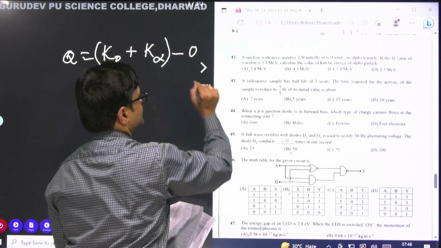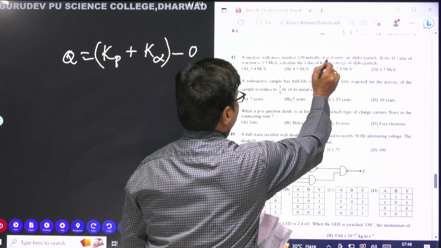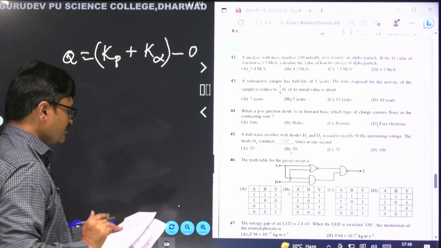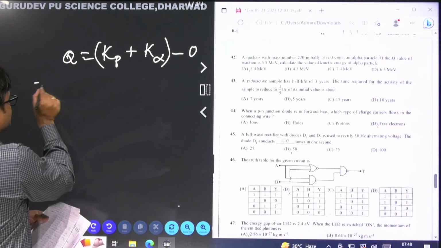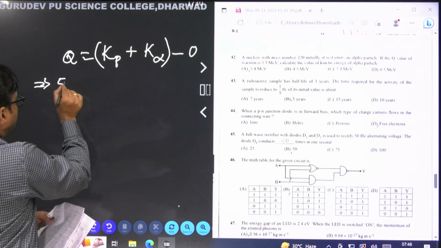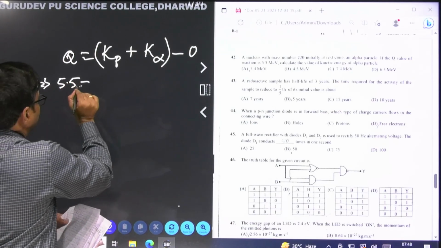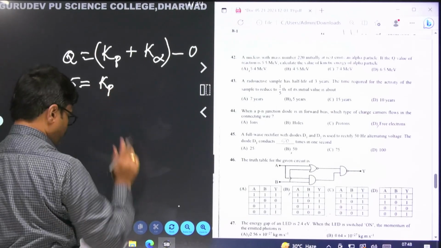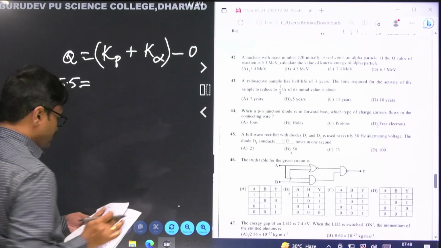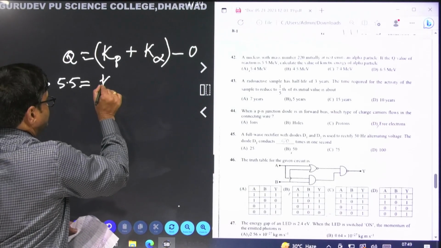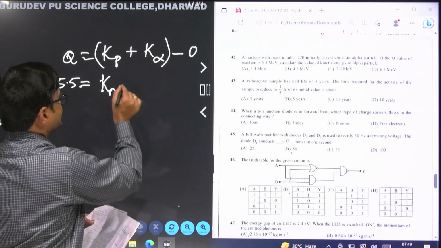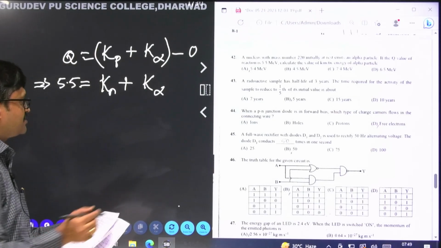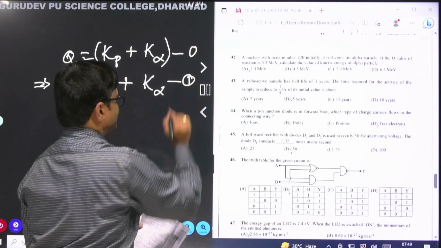Initial energy is 0 because they say that initially the nucleus is in state of rest. So according to that I can go ahead and substitute the values here. I can write 5.5 is equal to K of nucleus plus K of alpha. Let me consider this as our first equation.